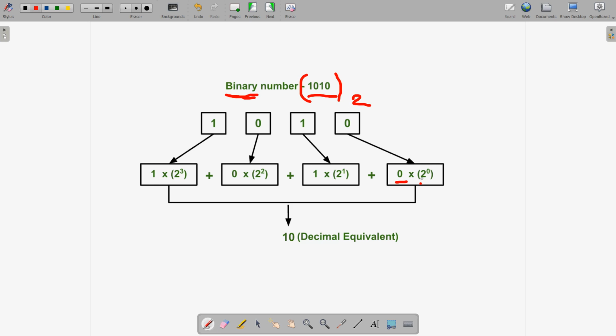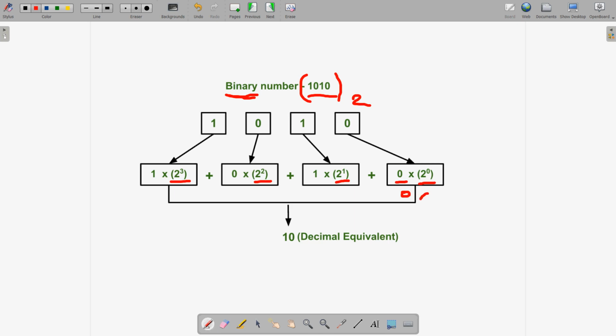That is why we are multiplying with 2. Again, all the 2s are in increasing powers: 2 to the power 0, 2 to the power 1, then 2 to the power 2 and 2 to the power 3. Clear? So all of these digits are being multiplied. So 0 into 2 to the power 0. 2 to the power 0 is 1, and 1 is multiplied by what?